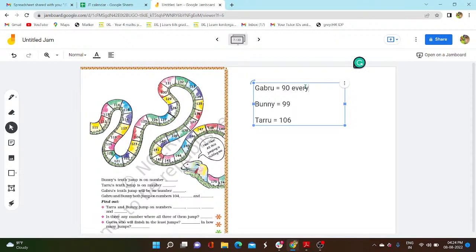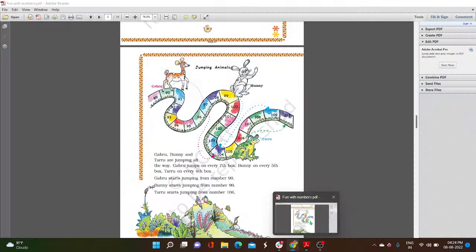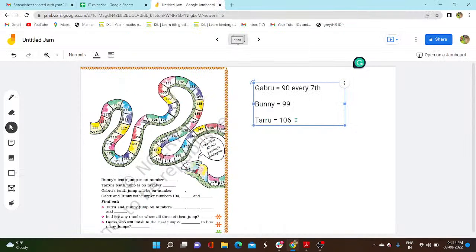So Gabru every 7th, Bunny every 5th and Taru every 4th. This is the way they jump, right?